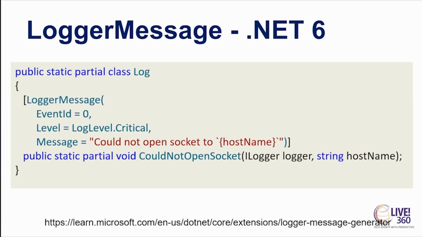And so here I can have a strongly typed method for logging, and I put annotations on the method, and then it's going to be able to figure out, based off of those annotations, that I'm going to source generate the rest of that and be able to optimize that.